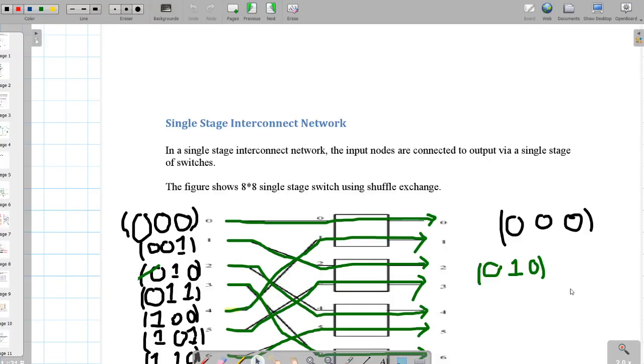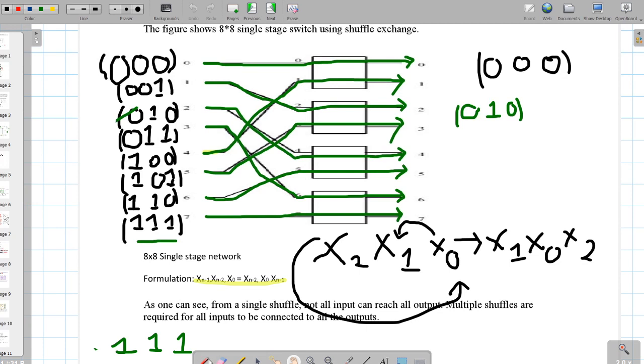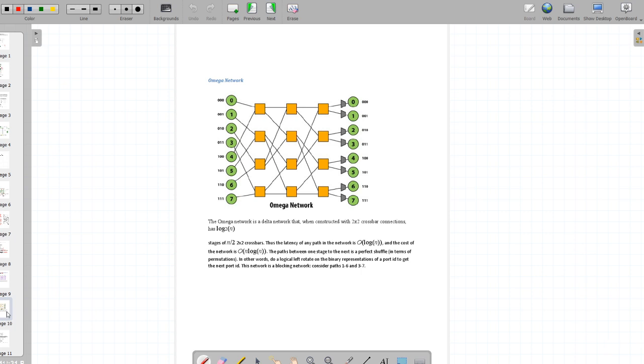In shuffle exchange network, in between the processor connections, there is only a single stage of switches, in contrast to omega or butterfly networks, which we will study later on.